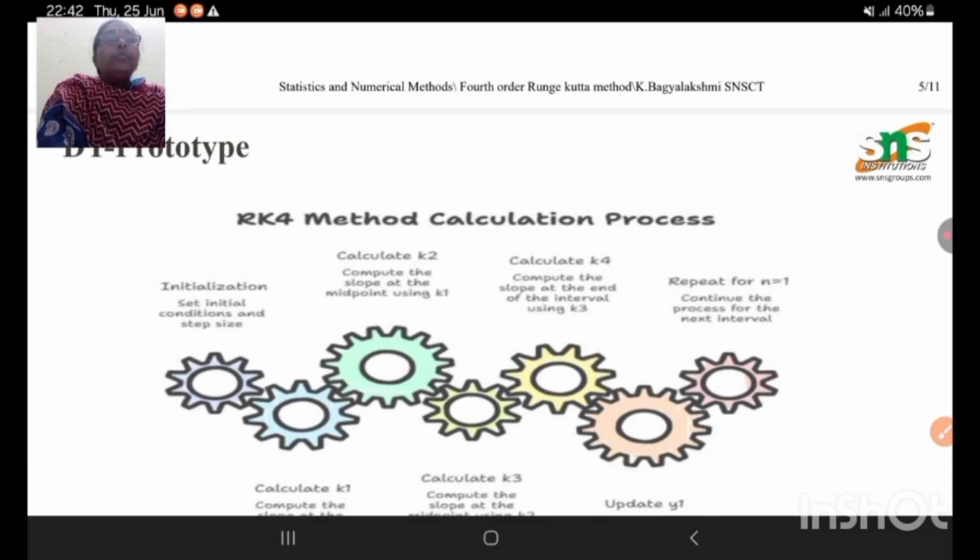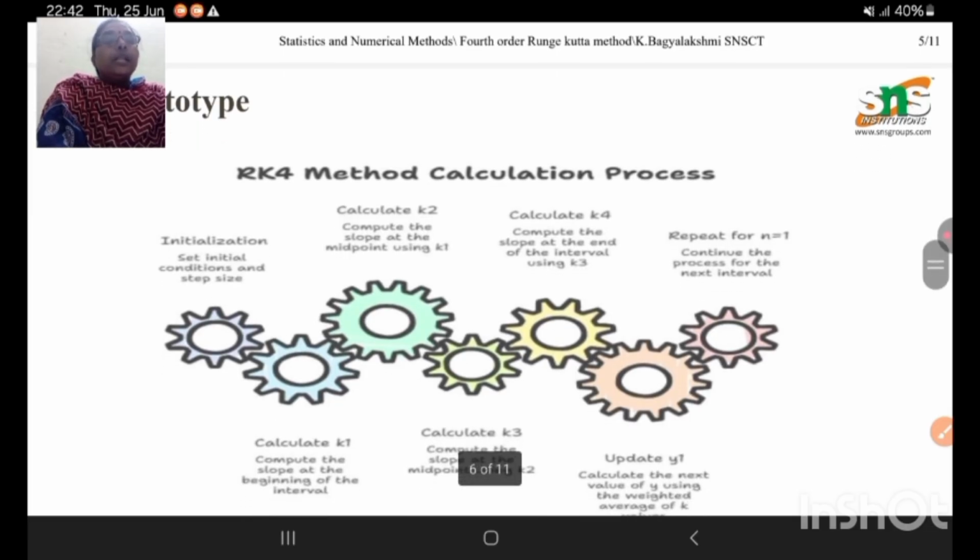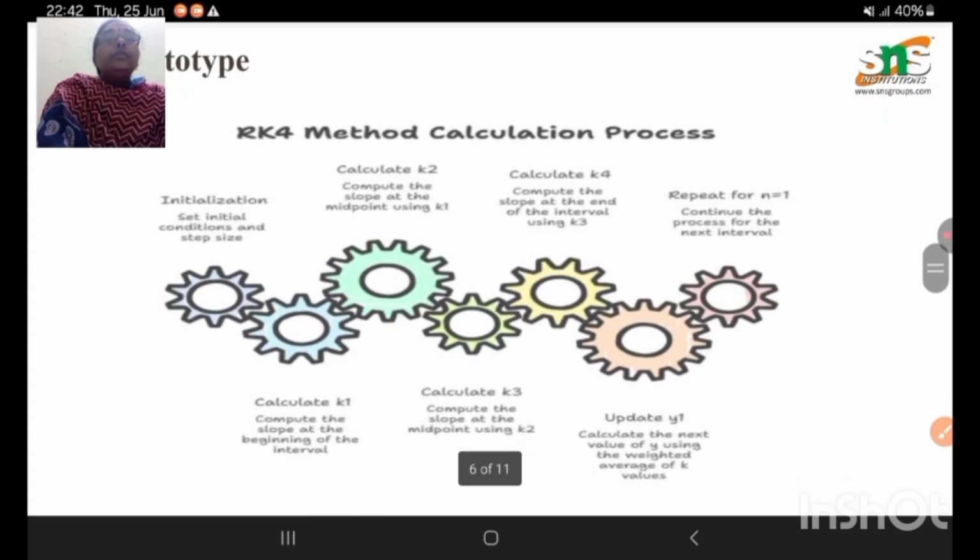In this stage we can come to a conclusion based on the result. Initially we discuss the initial conditions and step size. First we calculate k1, k2, k3, k4, and then we calculate the final y1 value.